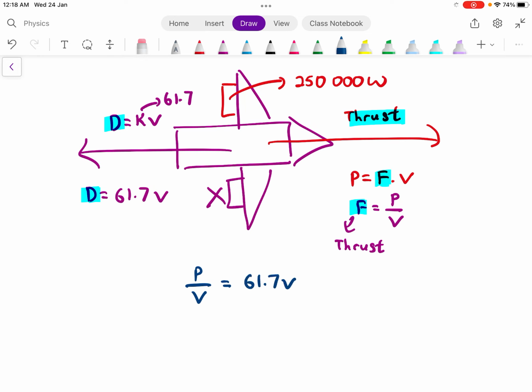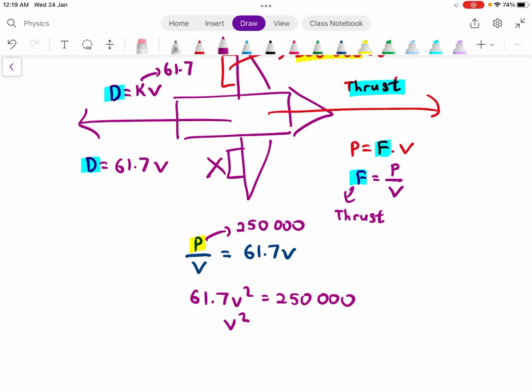I know that only one engine is working, which means the power is 250,000. Then I solve for V. So 61.7 V square equals 250,000. Dividing 250,000 by 61.7 gives about 4052.